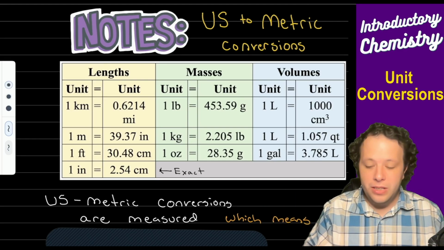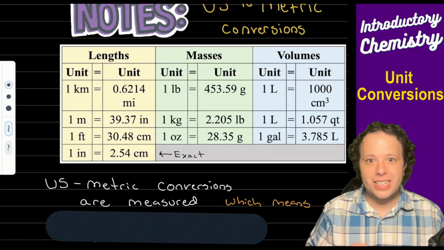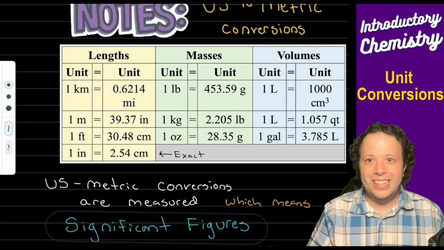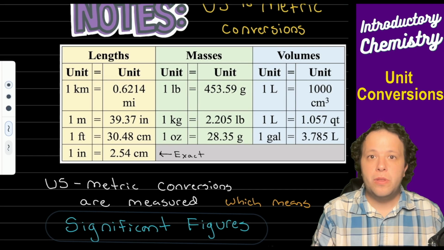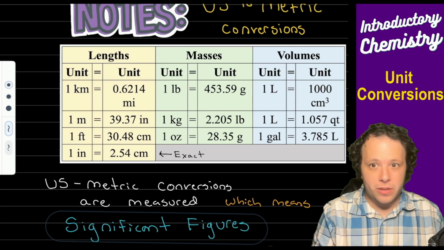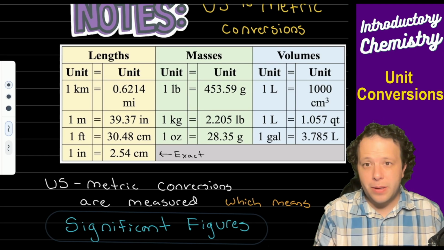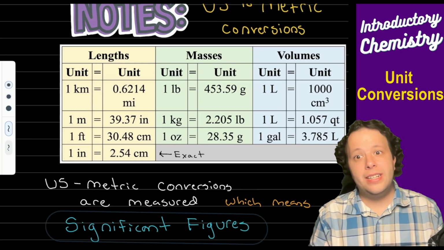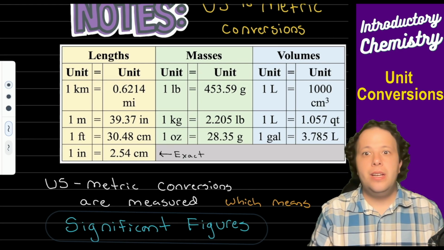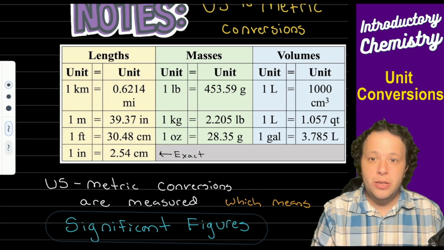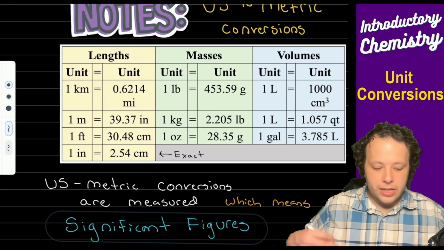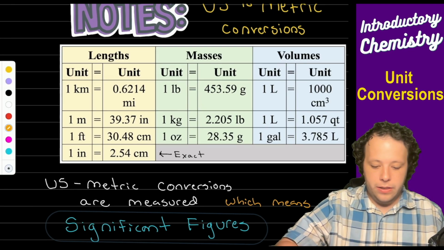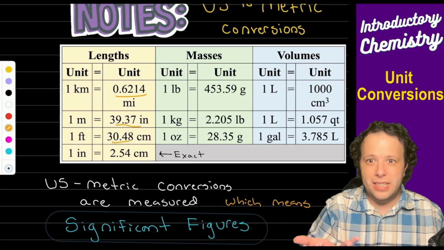So when you use them, you have to consider significant figures in the calculation. With most of these conversions before, the number that you were given at the very beginning was how many sig figs you needed at the end of the problem. However, if you use a US conversion, you can see that all of these values have measured terms in them, which actually have decimal points in them.